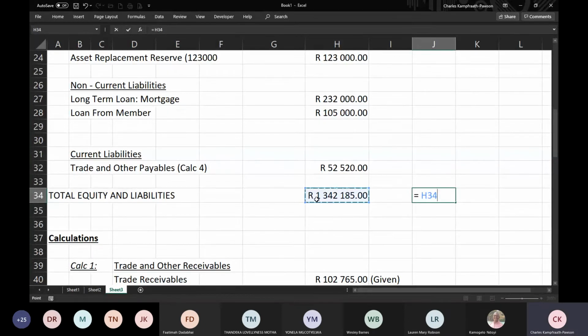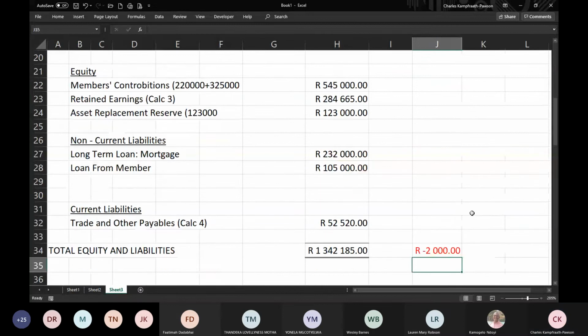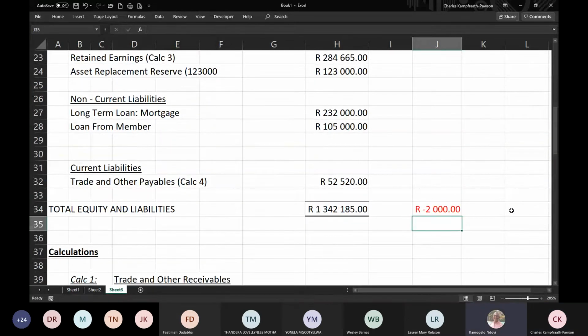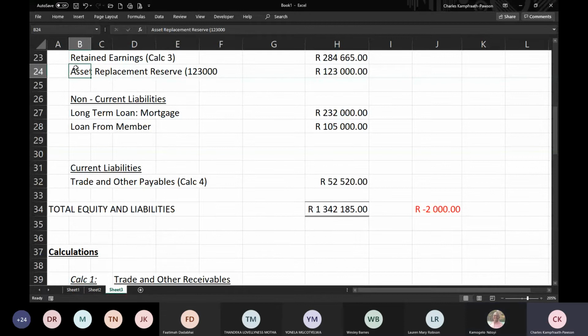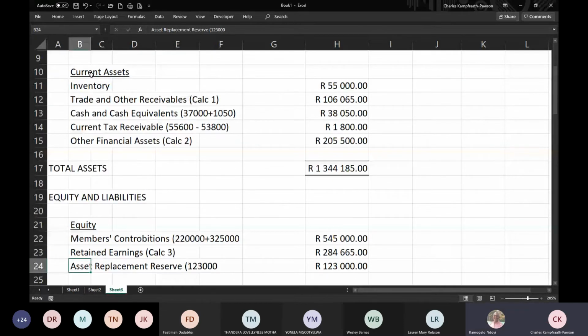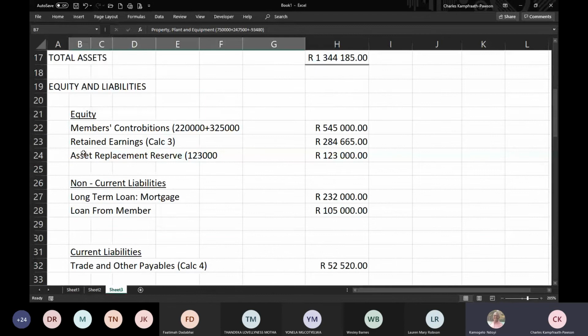Why are we not balancing? Just wanted to ask you something quickly. What about the OCI? Would that not go to asset replacement reserve, or what's happening? Or did I miss something? Now remember, asset replacement reserve, we are talking about your property, plant and equipment. Okay, so any OCI adjustment will go to, let me just open this previous question.